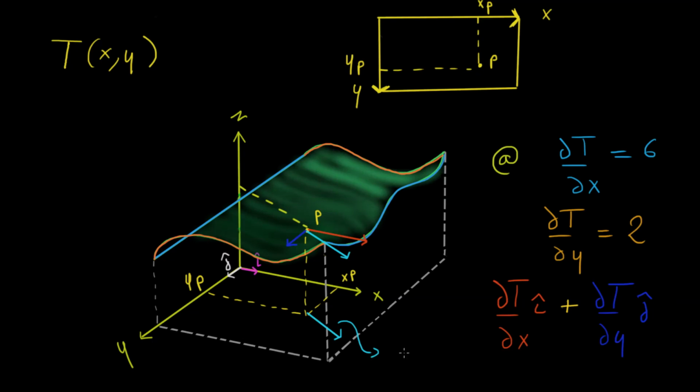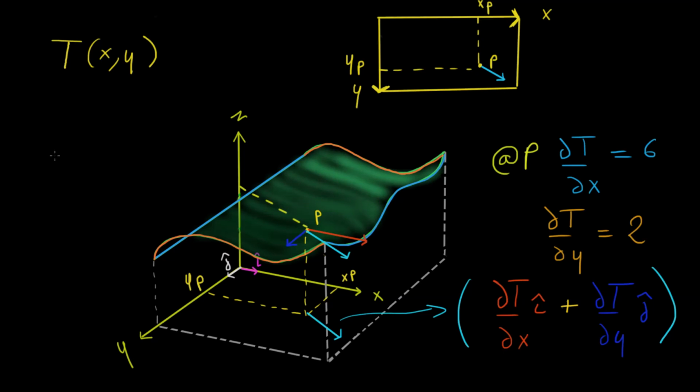And this is the vector partial of T with respect to x times the i unit vector plus the partial of T with respect to y times the j unit vector. This is what we call the gradient of T at this point P. I forgot the P here. So this is the direction we need to follow, starting from this point P, to get the maximum increase in temperature.